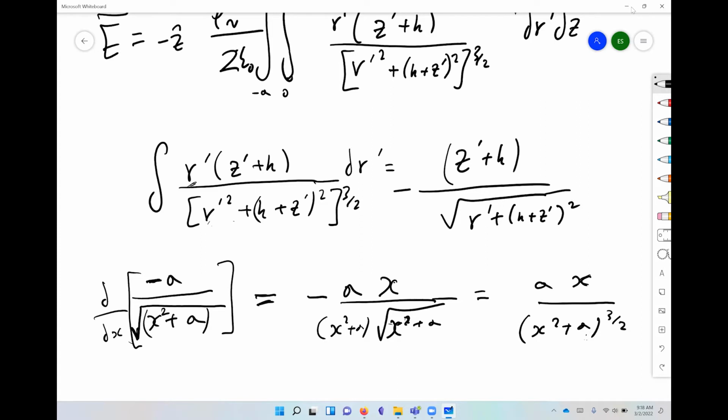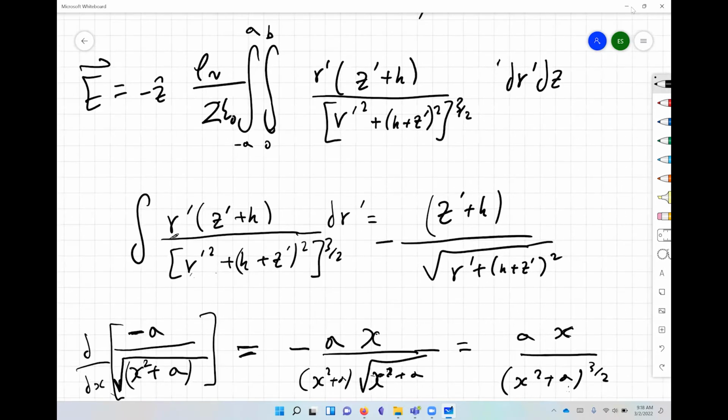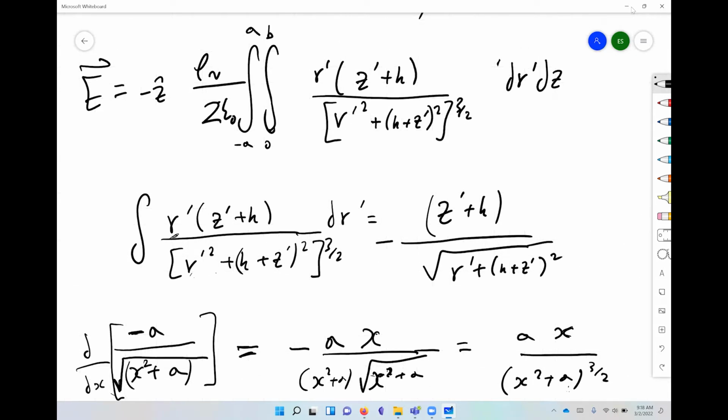This is the integral. Now I'm trying to find this integral from 0 to b. So I have to evaluate this from 0 to b. Let me put the minus sign here.